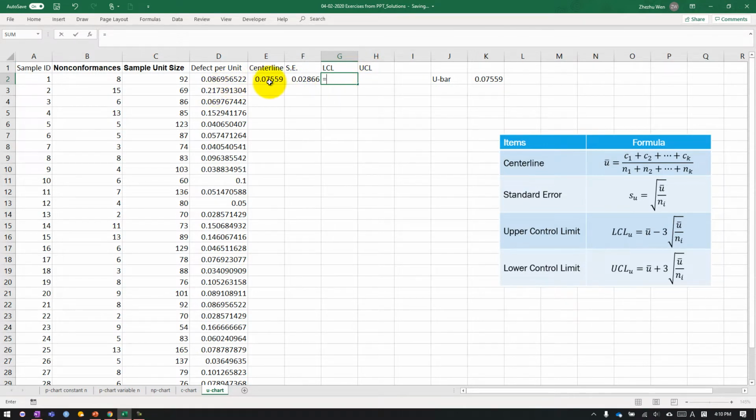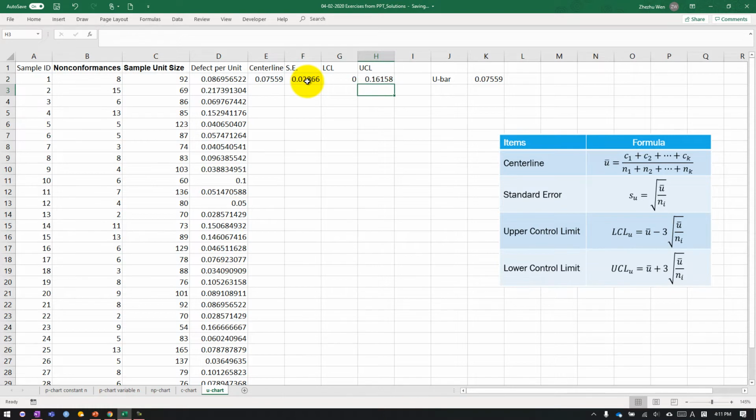The lower is U bar minus 3 standard error, or should we do the maximum of 0 or that.